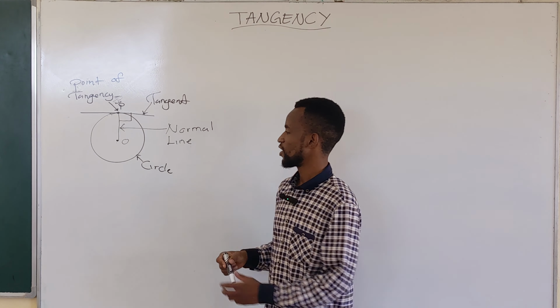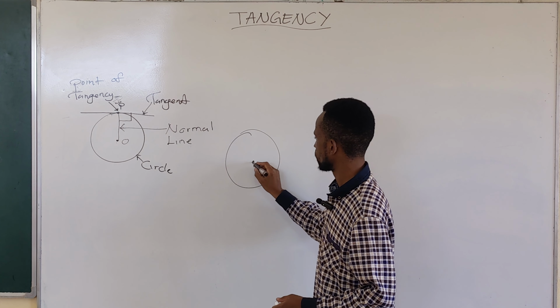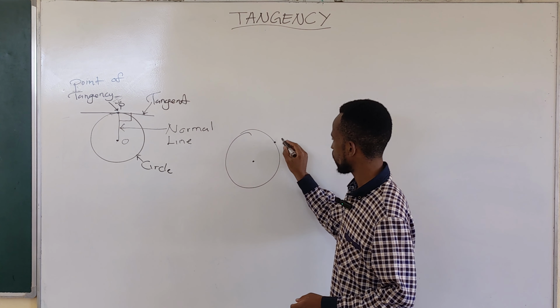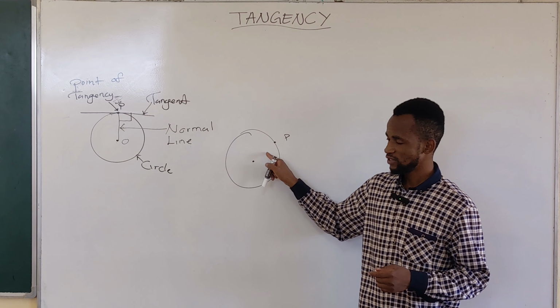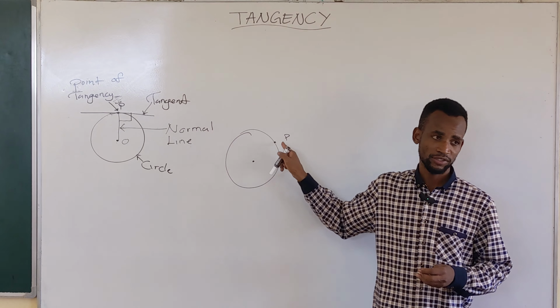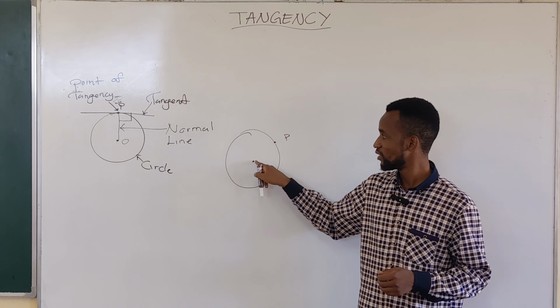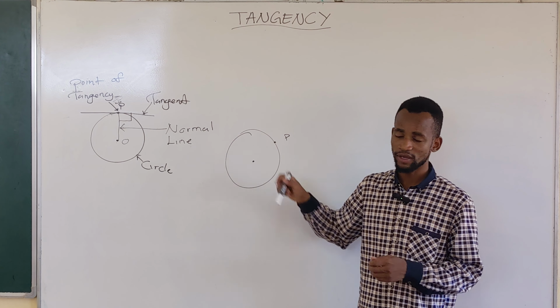So if you have a circle like this, a circle of center O, and you want to draw a tangent at this point, we're saying this is our point P, right? The first thing that you have to do, for you to draw a tangent which should only touch this point here, is draw a line from this point to the center, which will represent the normal.